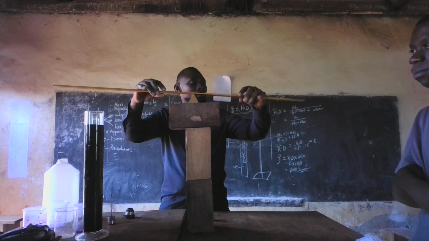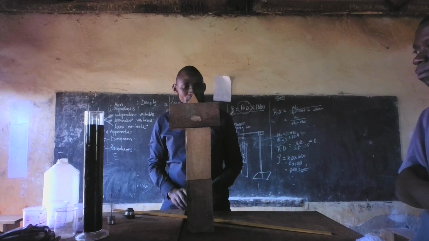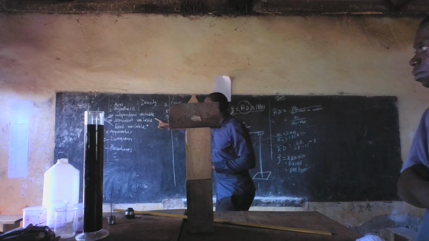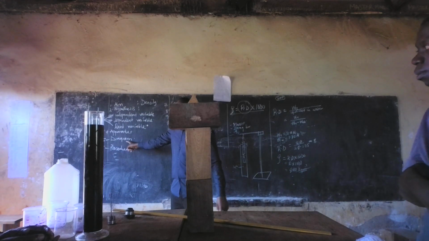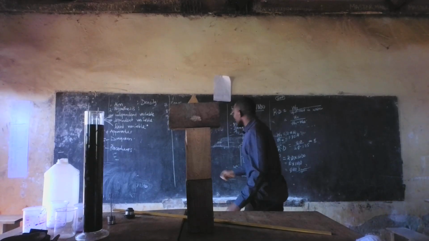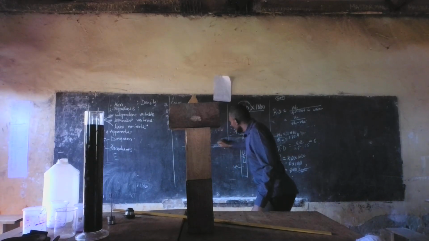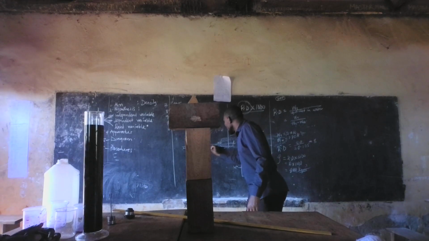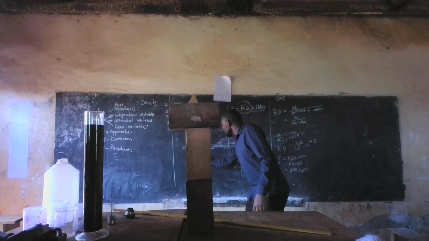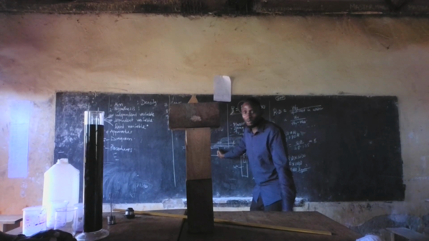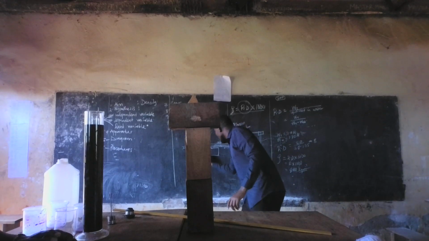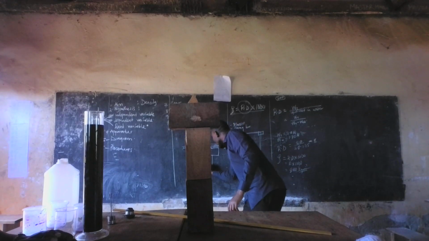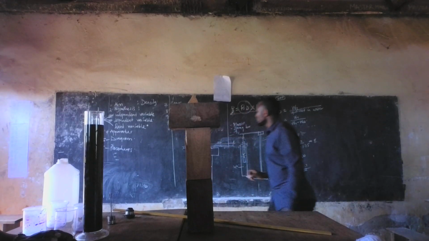You see that? But when you are drawing your diagram, because in here we have to draw a diagram, don't say that my diagram will look like this: I will have a horizontal ruler, then a knife edge, then a wooden block lying horizontal, another one vertical, and another one vertical like that.